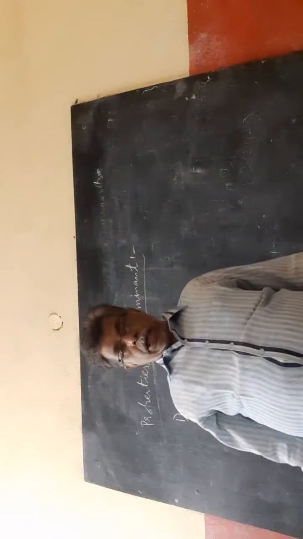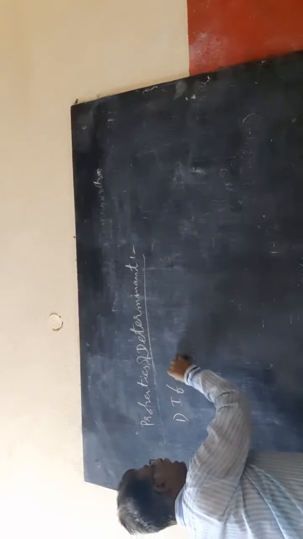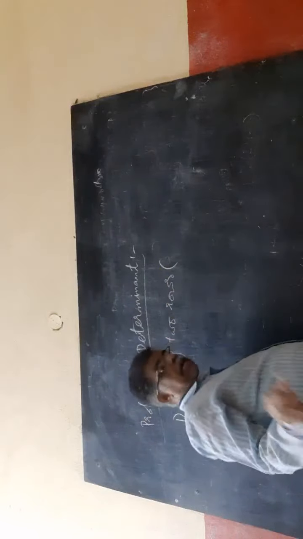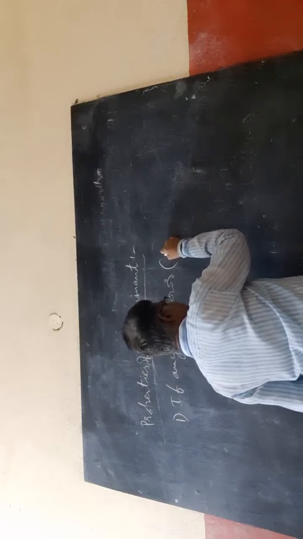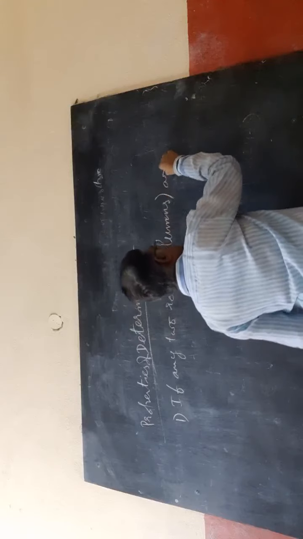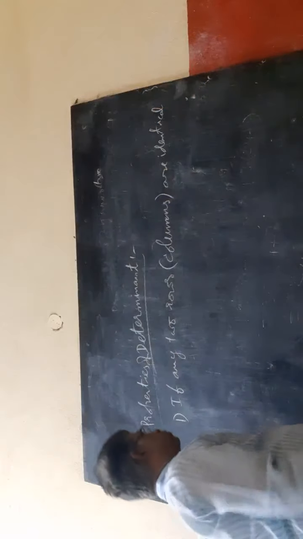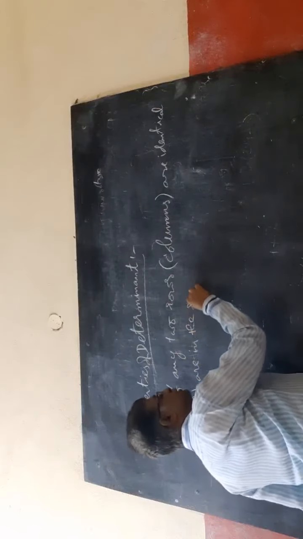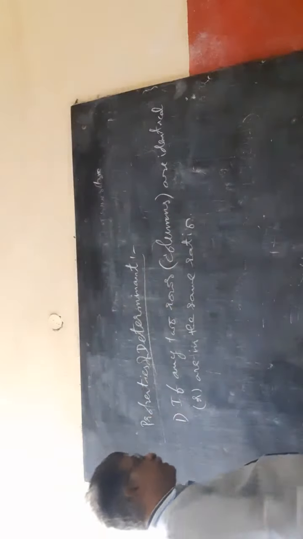First property: if any two rows or columns are identical or are in the same ratio, then the determinant is 0.